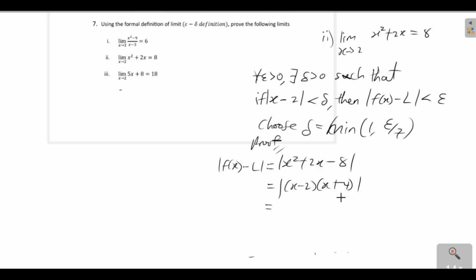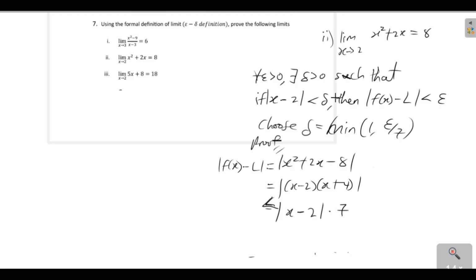That is what we actually did. So we are going to have |x − 2| times, because we have bounded this to be 7, so multiplying 7.